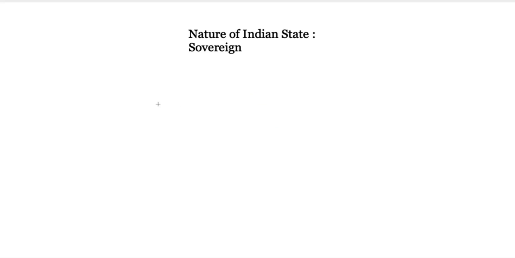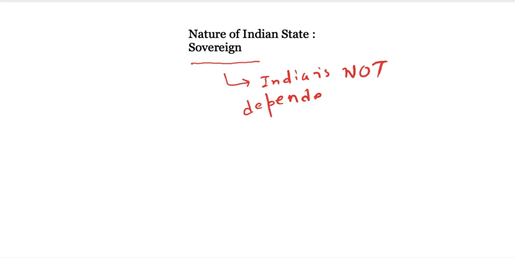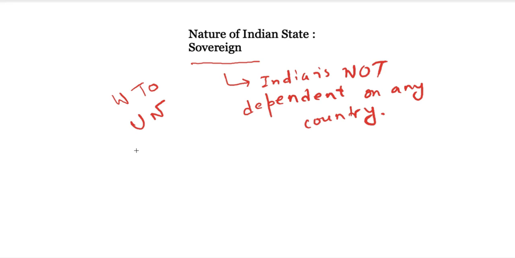Now let's come to the nature of the Indian state. The first is sovereign. Sovereign means India is not dependent on any country. India is a member of WTO, India is a member of the UN and many other bilateral and multilateral organizations, let's say BIMSTEC, SCO, the Shanghai Cooperation Organisation.